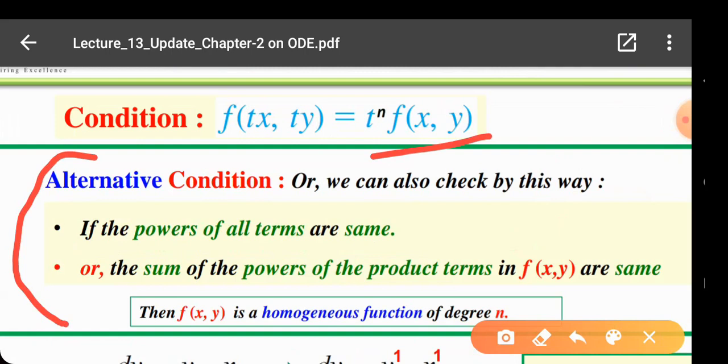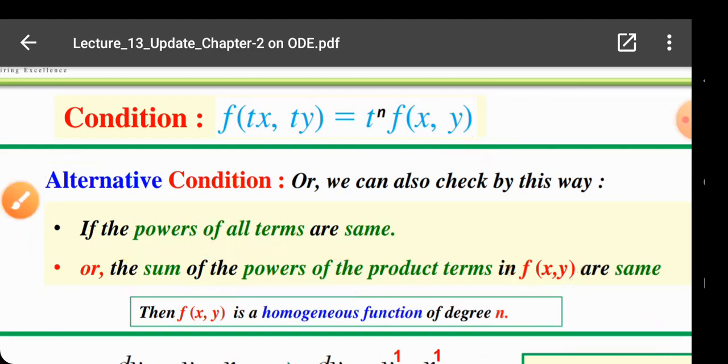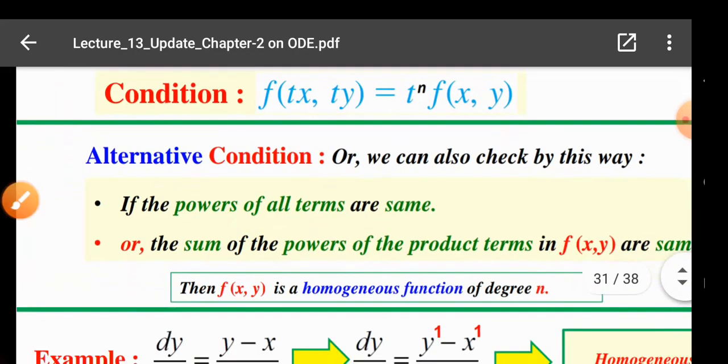A function f(x,y) will be homogeneous if the powers of all terms are the same, or if the sum of the powers of the product terms in that function are the same. Then f(x,y) will be a homogeneous function.